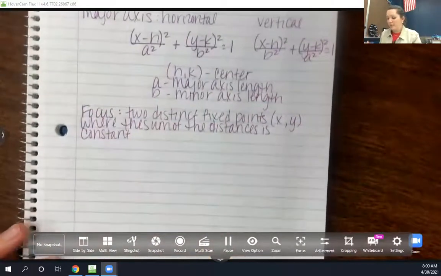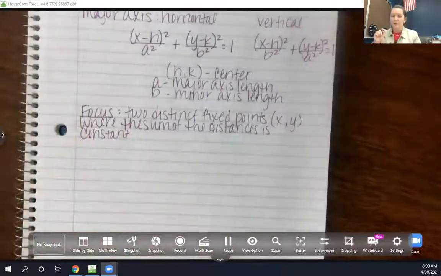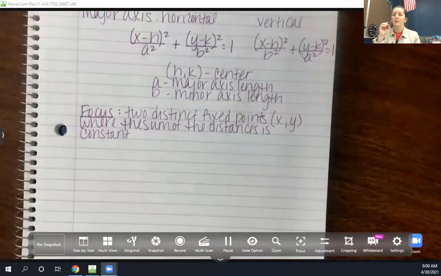We'll talk about this, and this will be very apparent when we do the pin and string method, because that sum of distances is going to stay the same as you draw your ellipse around the foci.